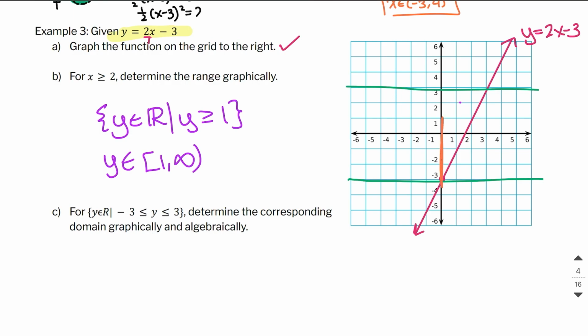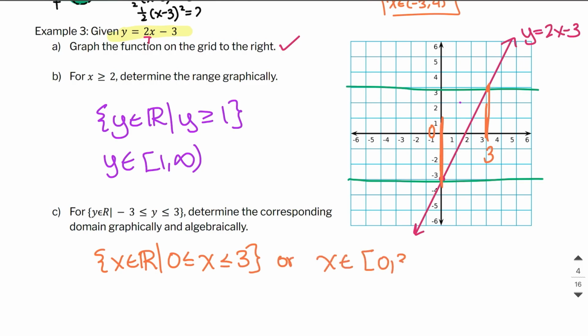So we can see right here that it starts at 0, when x is 0, and then this ends when x is 3. So our corresponding domain is going to be x is an element of the reals such that 0 is less than or equal to x is less than or equal to 3, or we could say x is an element of 0 to 3. But let's do this algebraically.